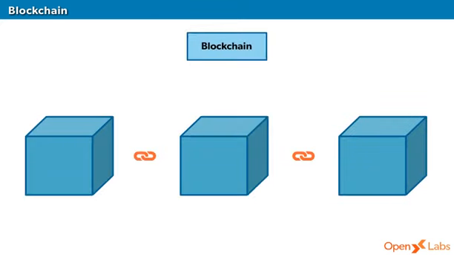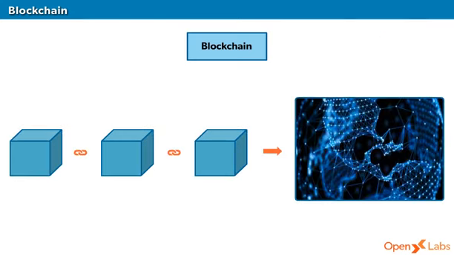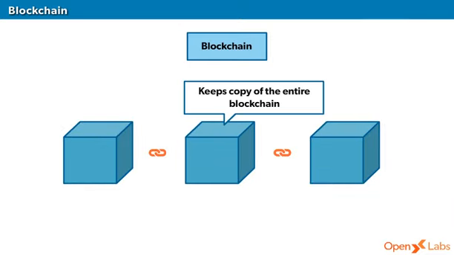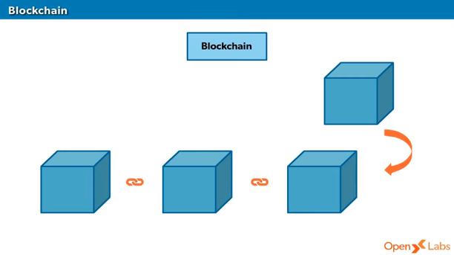Blockchains are data structures just like a traditional database, but the key difference is that the blockchains are distributed across all nodes throughout the world that participate in maintaining that blockchain. This means that all nodes keep a copy of the entire blockchain and new blocks are only added when all nodes agree on the information that needs to be added.